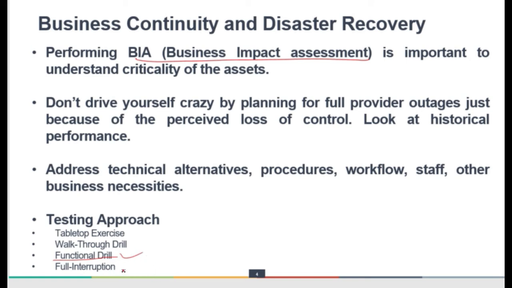So we have two parallel servers, one is the backup server and another is the primary server, so this happens on that. Full interruption is where the entire organization takes part in an unscheduled, unannounced practice scenario, performing their full BCDR activities. This is the most crucial, and it may have severe impact on the operations.